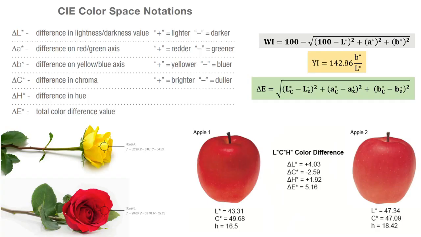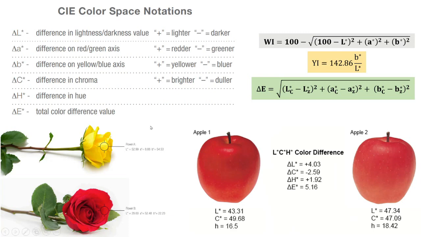Now coming to some of the examples that we have taken here. If you see this yellow rose, right? This is a red rose. So we are perceiving that with our eye. Now what we will do, we will quantify these things with the instrument. Okay.